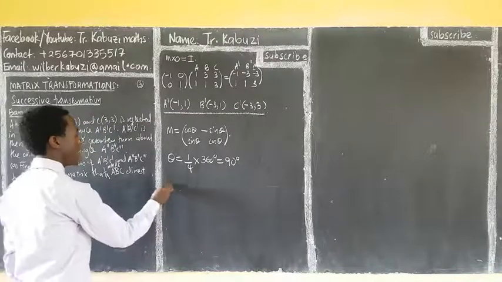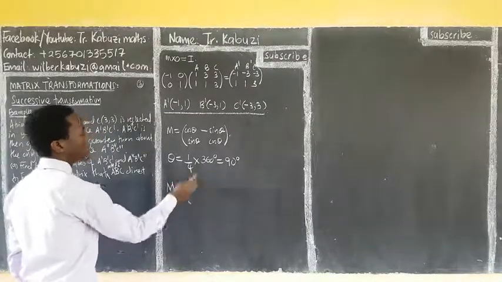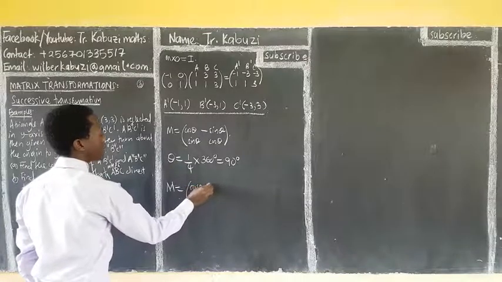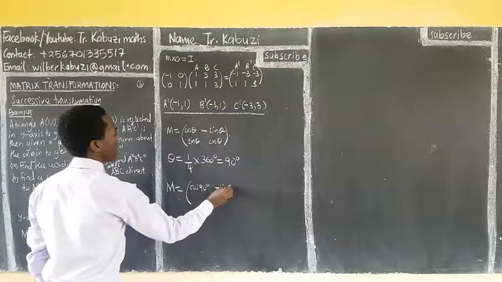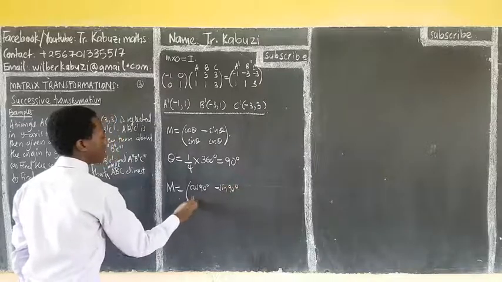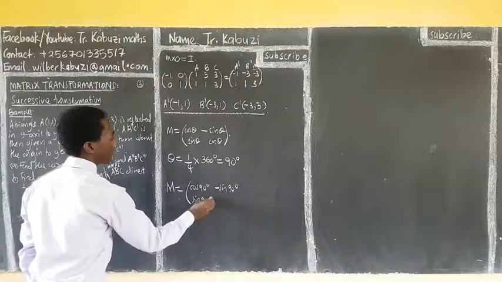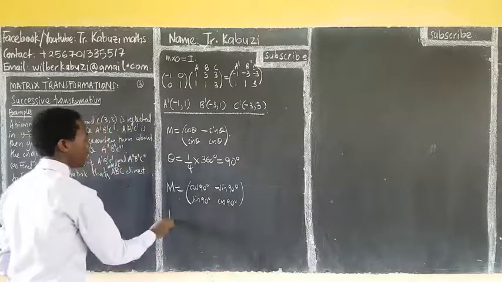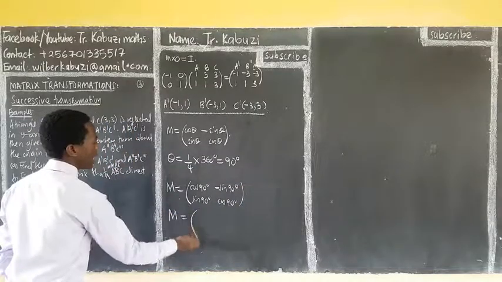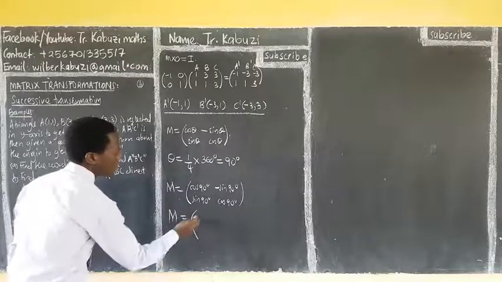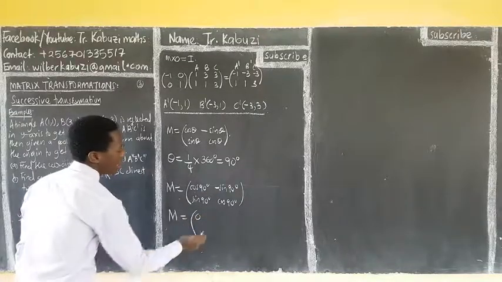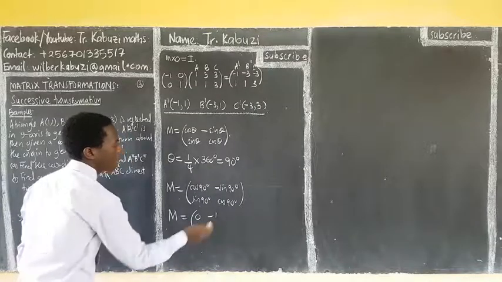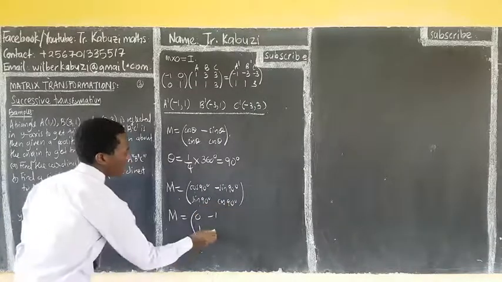So now my M is going to be, you substitute, cos 90, minus sine 90, sine 90, then cos 90 degrees. If you simplify this, cos of 90 is 0, negative sine of 90 gives negative 1, sine of 90 is 1, then cos of 90 is 0.